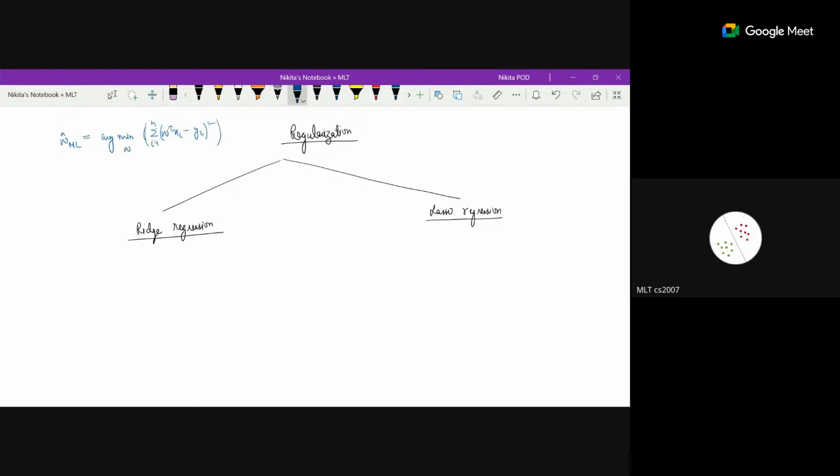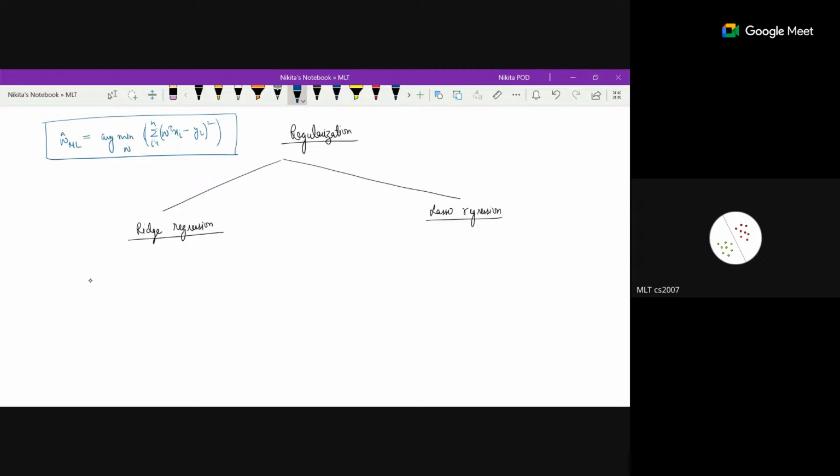This was when we were talking about the simple linear regression. This was our W hat ML. Now, the new estimator that we had seen, which was coming from the Bayesian approach, is basically the estimator of the ridge regression.